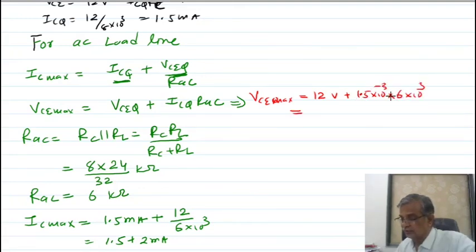So 1.5 multiplied by 6 is 9, and 12 plus 9 is 21 volt.